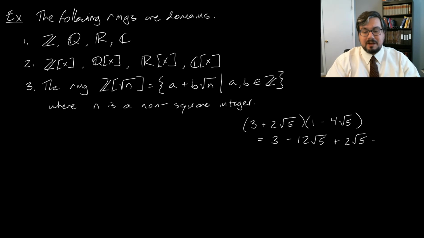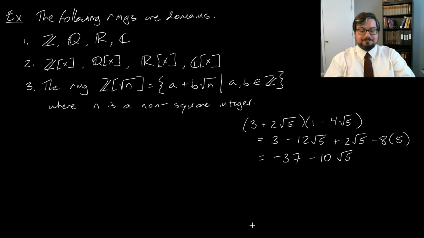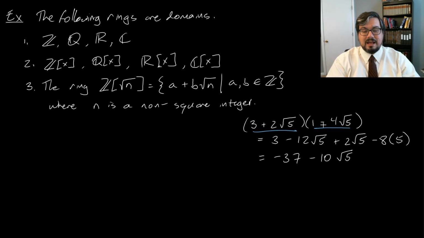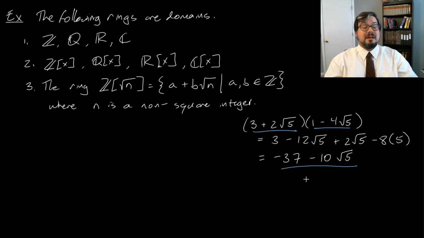And then 2 square root of 5 times negative 4 square root of 5 is negative 8 times 5. So we wind up with 3 minus 40 is negative 37, and negative 12 plus 2 is negative 10 square root of 5. And so in particular, we can see that we started with two elements of this ring Z adjoin the square root of 5, and the result is another element of Z adjoin the square root of 5.